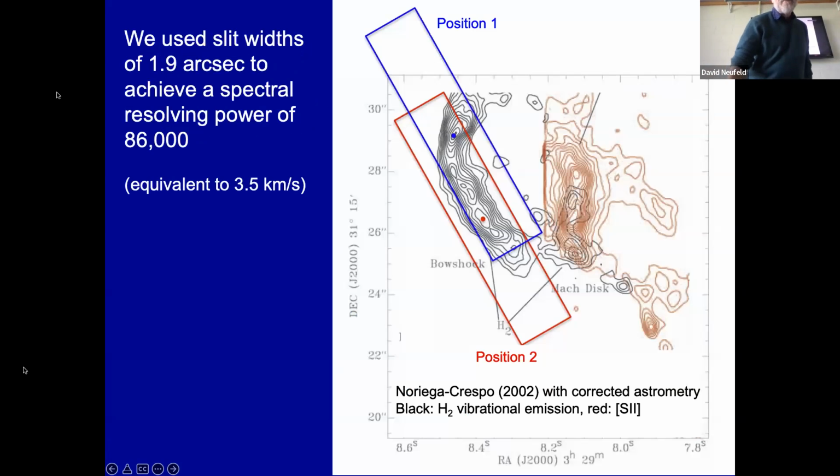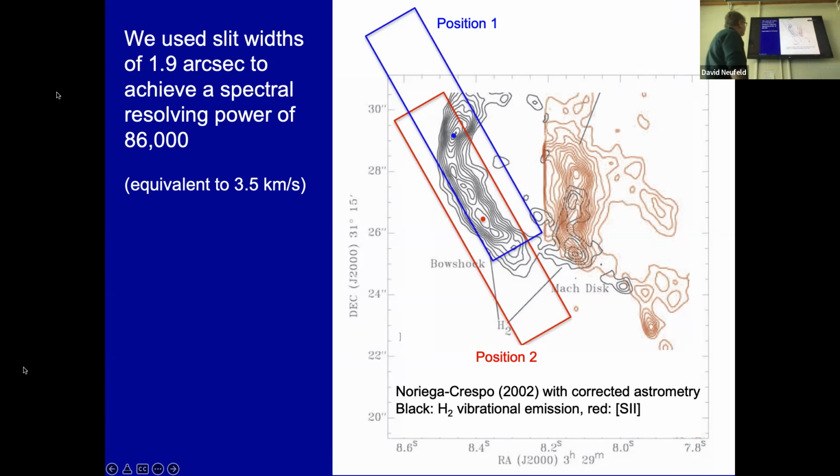So here are some high resolution observations from the ground of vibrational emissions from H2 and also from sulfur 2. And this shows this beautiful bow shock. The red and the blue rectangles show where we put the slit of this spectrograph that was flying on SOFIA.